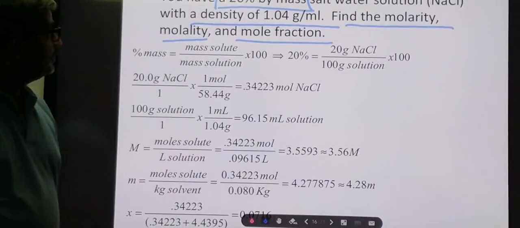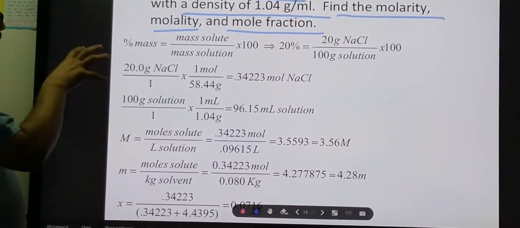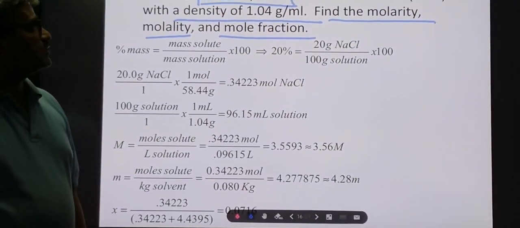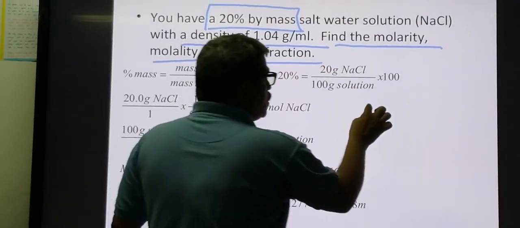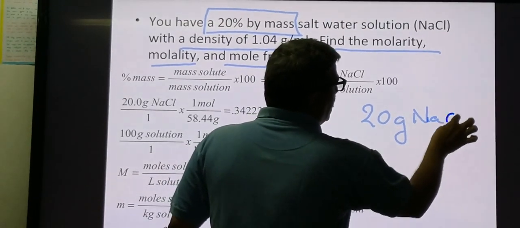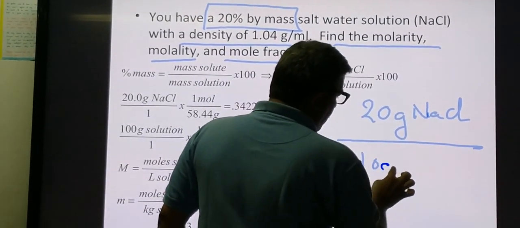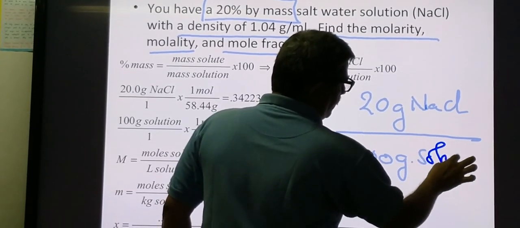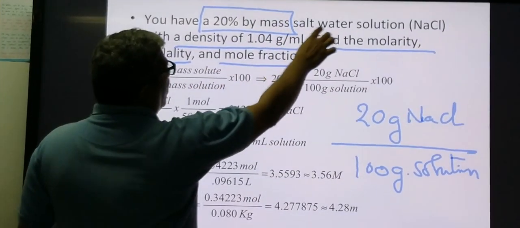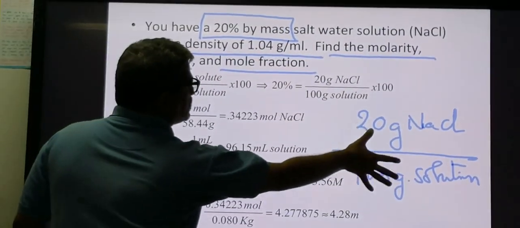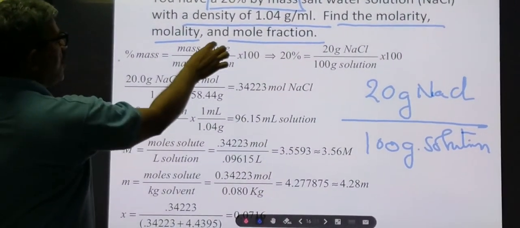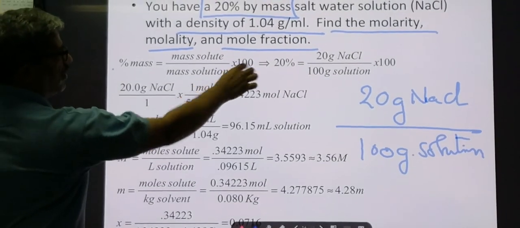Very good numerical. Alright, as I was explaining, what do you mean by 20% by mass salt water solution? That means 20 grams of NaCl is present in 100 grams of solution. A 20% by mass salt water solution refers to this. See here, it is written: percentage mass is equal to mass of solute by mass of solution into 100.